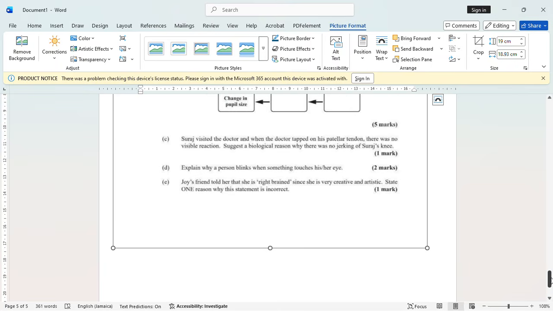So he visited the doctor, and when the doctor tapped on his patellar tendon, there was no visible reaction. Suggest a biological reason why there was no jerking of his knee. All right.